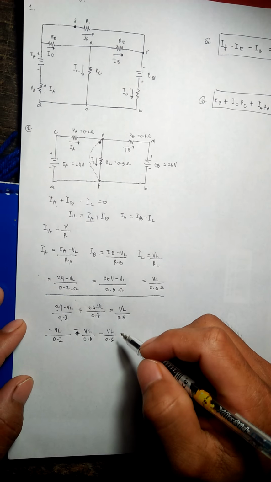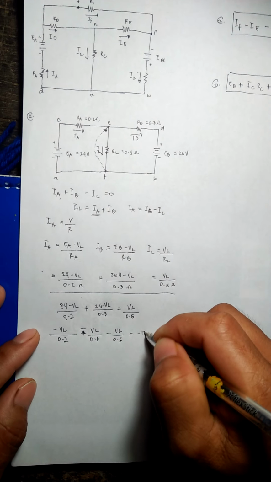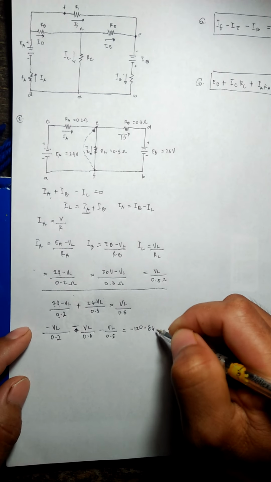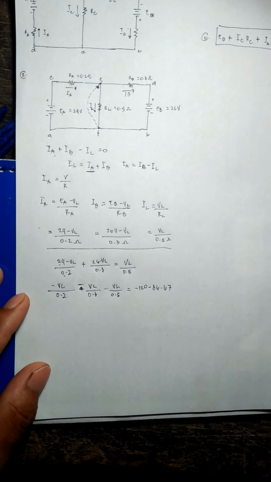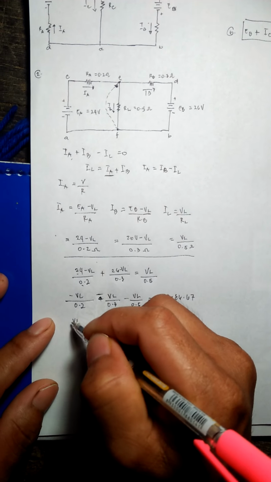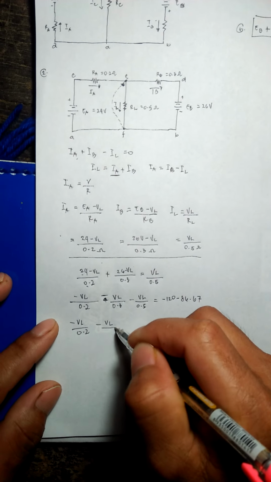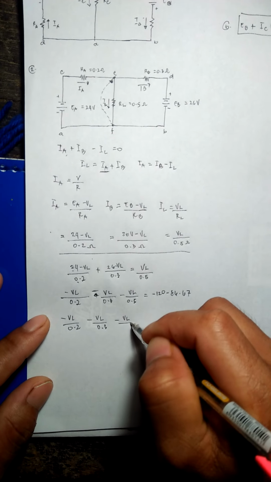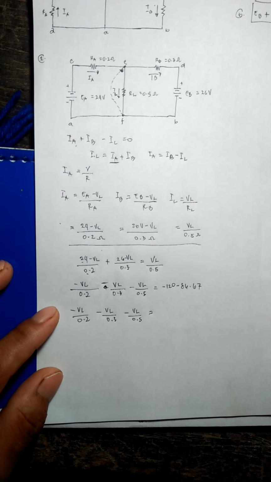So it becomes negative 120 minus 86.67, equal to negative VL over 0.2 minus VL over 0.3 minus VL over 0.5, which will equal negative 206.67.